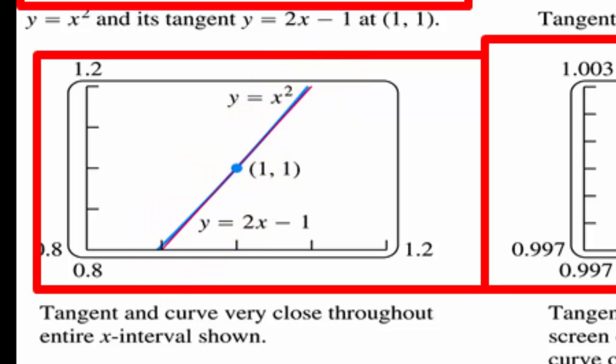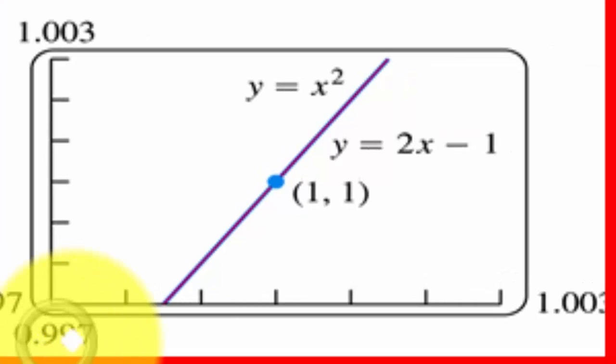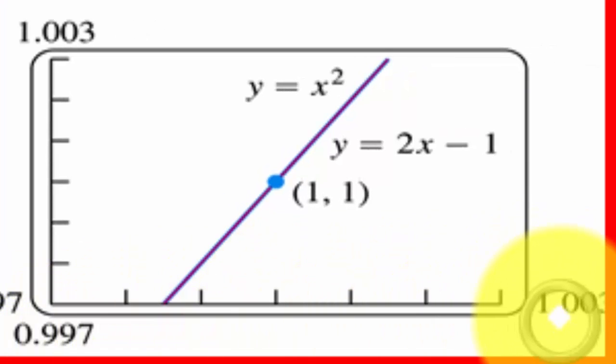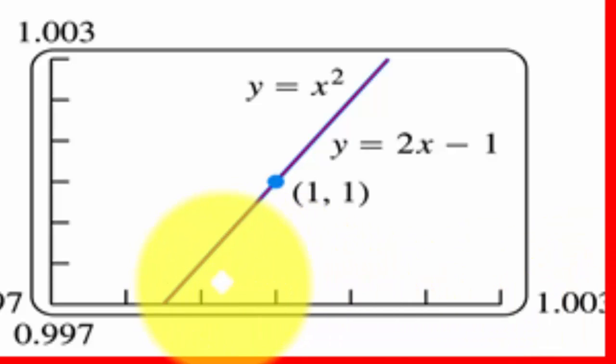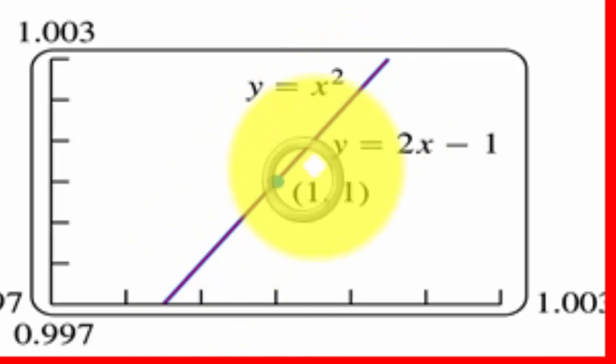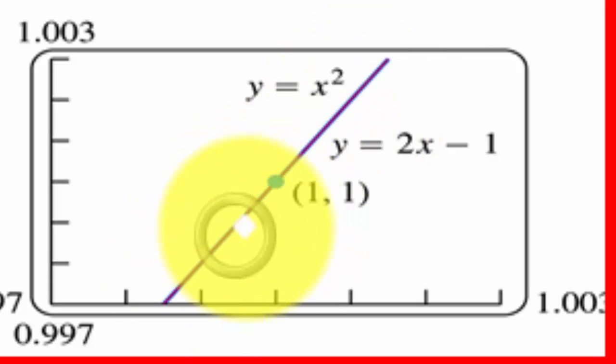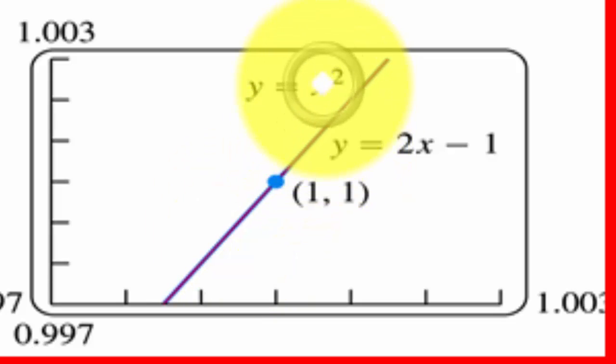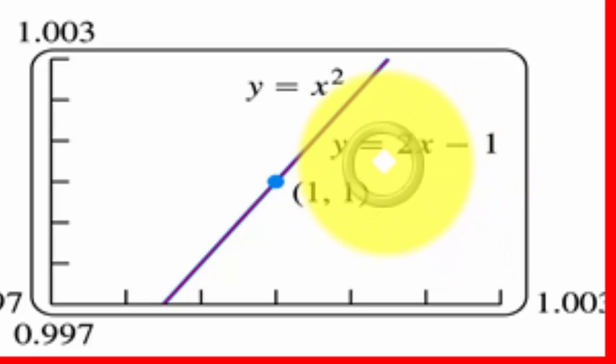Now, keep on zooming in. So this is at 0.997 up to, I believe, 1.003. You see, gosh, there is no distinction between the blue curve and the tangent line. So here we've seen that we can approximate x squared in terms of a line.